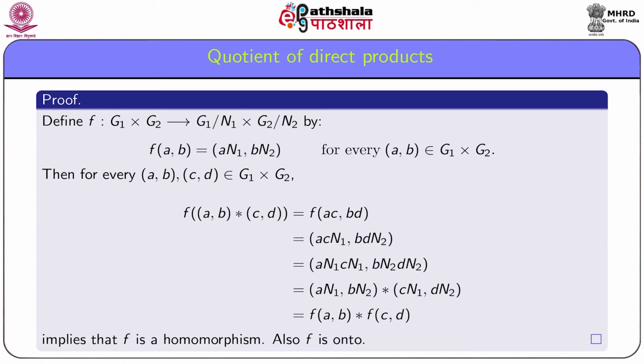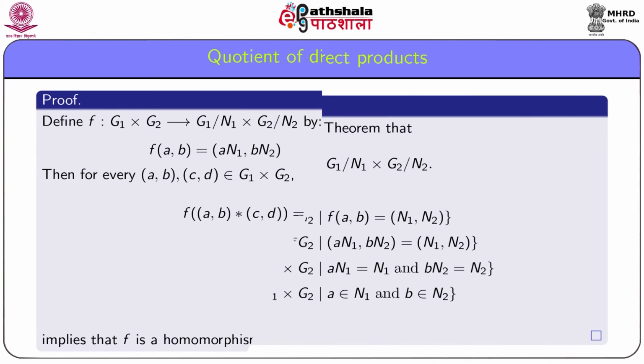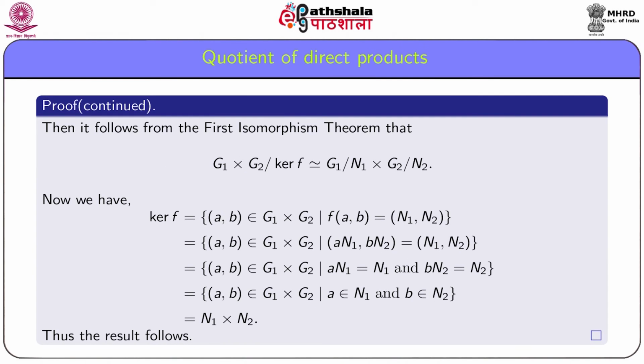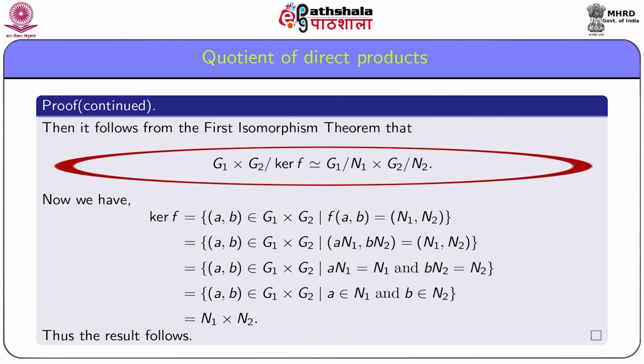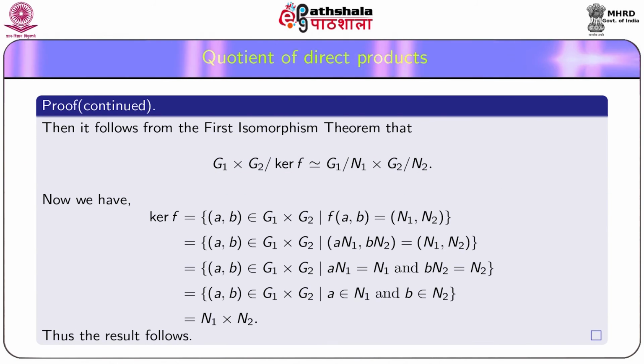Thus, the mapping f becomes a homomorphism. Also, it follows from the definition that f is onto. So, by the first isomorphism theorem we have G1 cross G2 by kernel f is isomorphic to G1/N1 cross G2/N2.